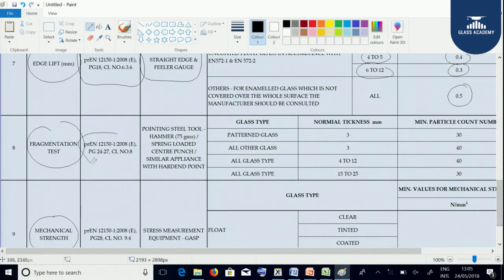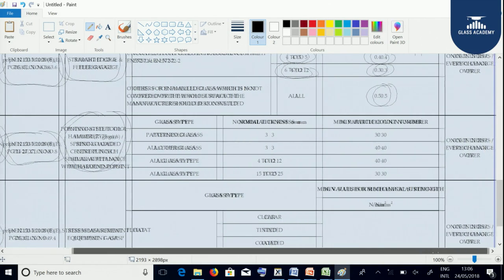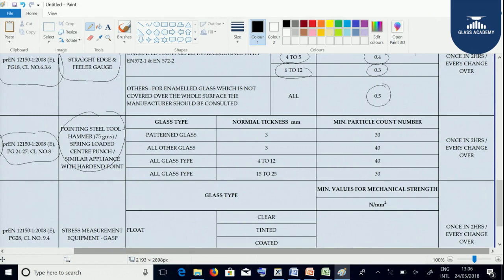The standard we follow is EN 12150, and the tools we require are a hammer with a pointed steel tool, or a hammer weighing 75 grams, or a spring loaded center punch or similar appliance having a hardened point. We need to see the type of glass. It is a float glass, and we need to see the thickness, whether it is 3 mm, 4 mm, 12 mm, or 15 to 25 mm.